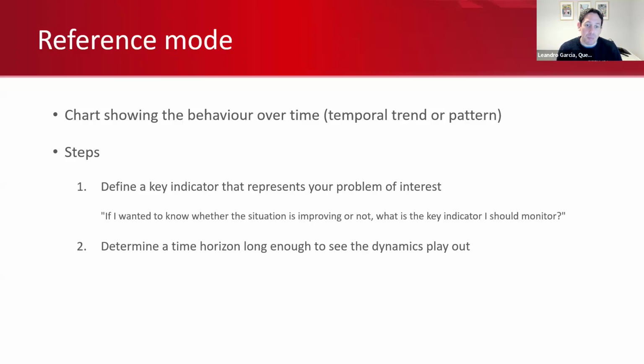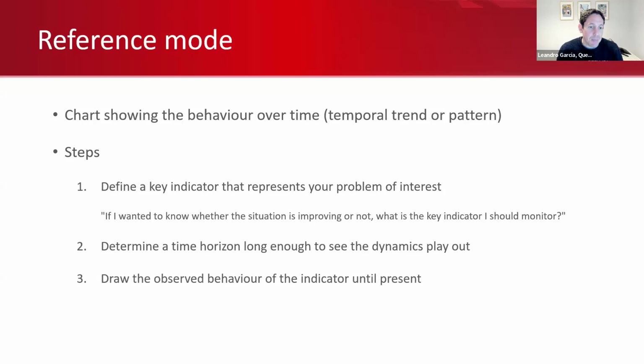Now, if you have problems where the key indicator takes much longer to change, or the contributors to the change of that key indicator take very long to play out, you need to extend the time horizon of your chart.